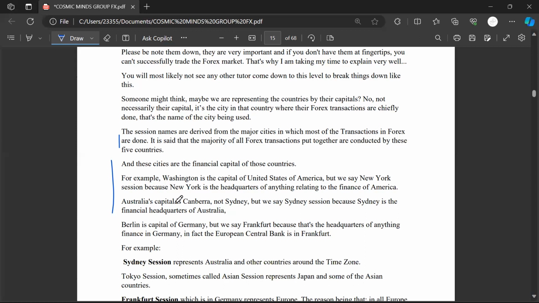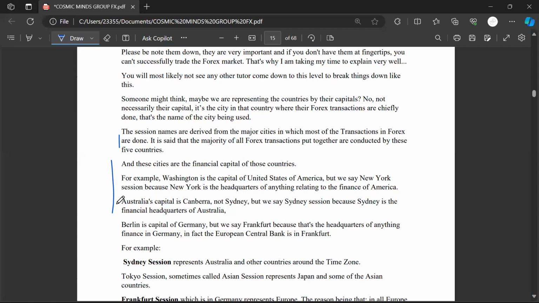Do you understand? Even though Washington is the capital of the US, we are not using that. New York is the section listed here, because that's where the headquarters for finance is located.